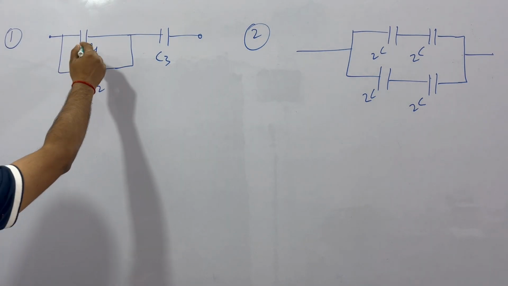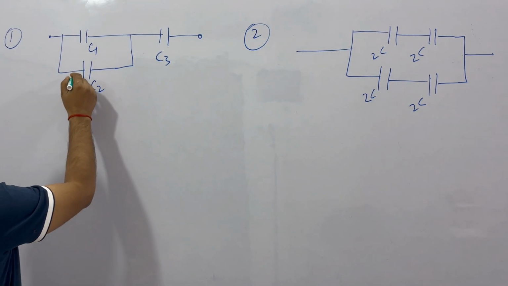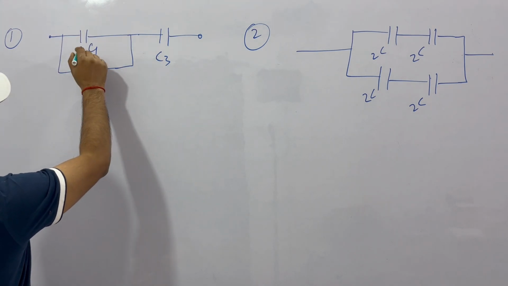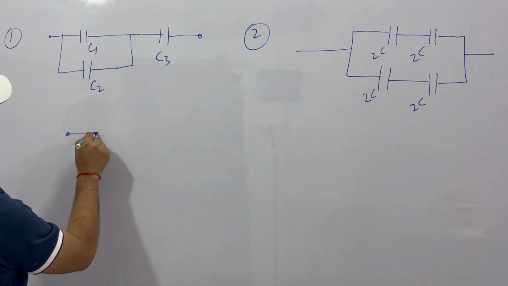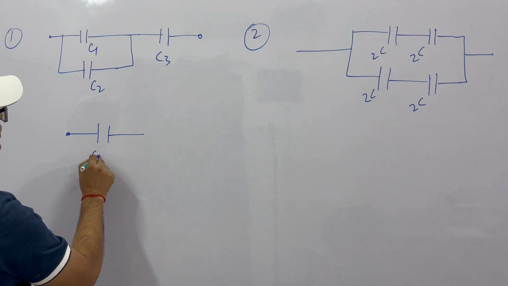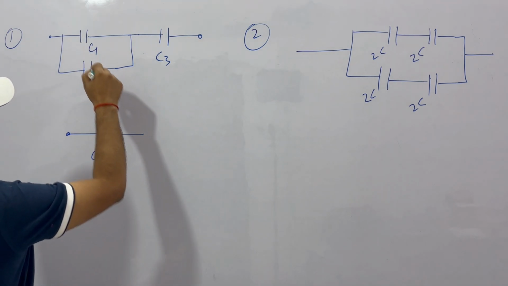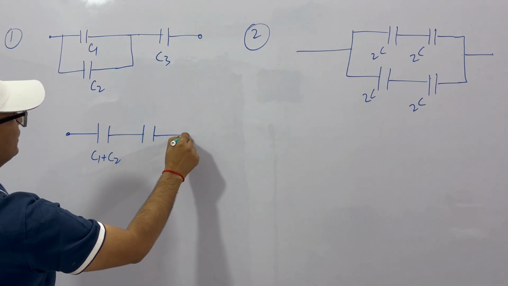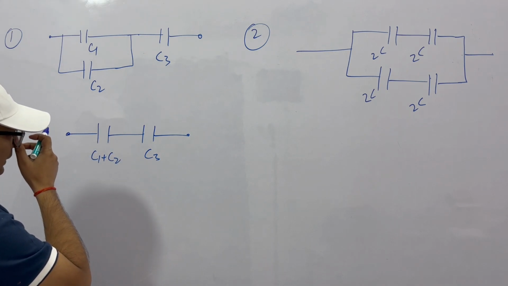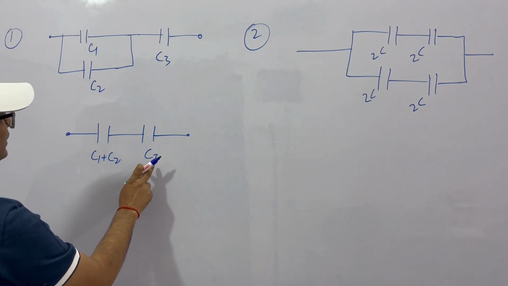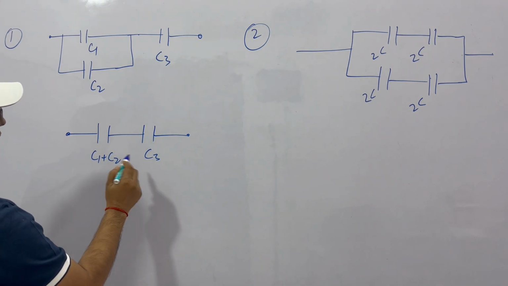So see, these are in parallel. So from here to here we can replace by an equivalent capacitance that is equal to C1 plus C2, because these two are in parallel, and then these two are in series. See, C3. So now C1 plus C2 and C3, these two are in series.